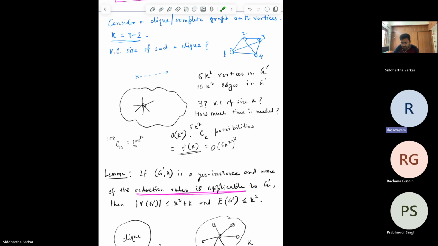So as per this algorithm, you keep applying the reduction rules exhaustively as long as they are applicable.